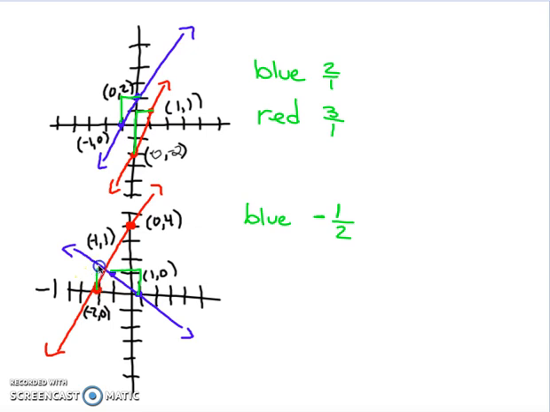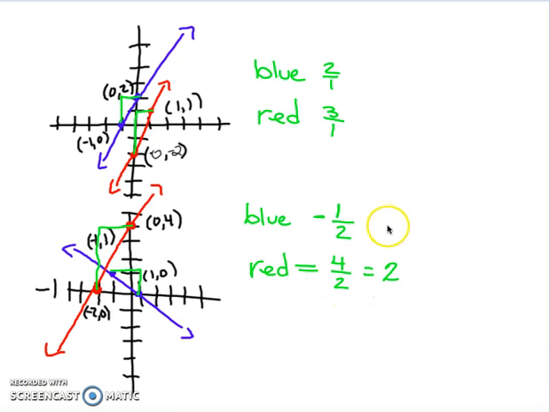So we go up 4 and over 2. So for red, we would say that it would equal 4 over 2, and that can be simplified down, so we could just say that it was 2 for that one.